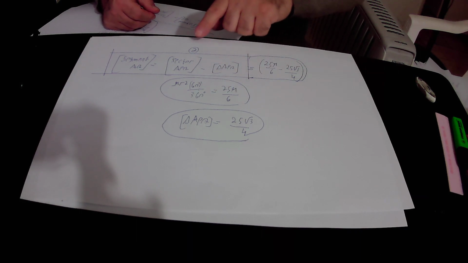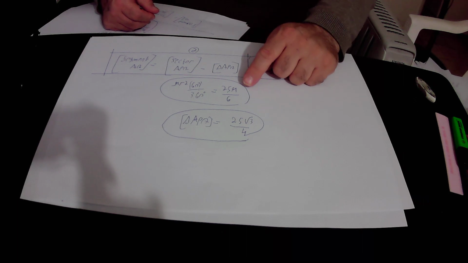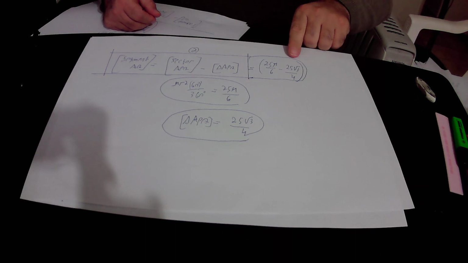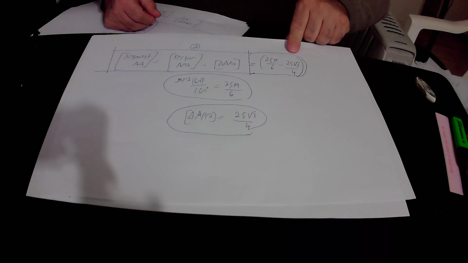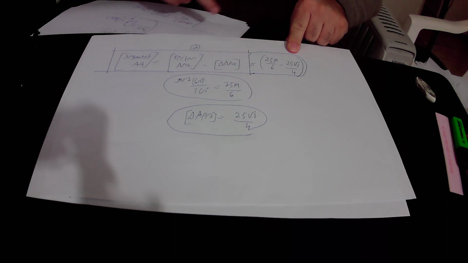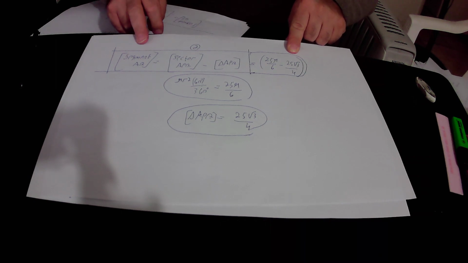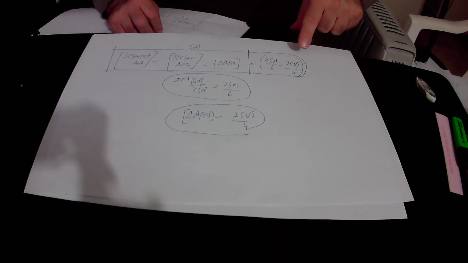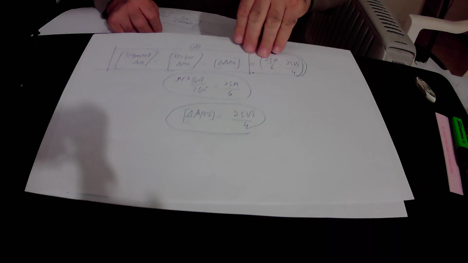So in conclusion, the area of sector APQ equals 25 pi over 6 square units. And the area of triangle APQ, we already found, equals 25 times square root of 3 over 4. So the area of segment AQ equals 25 pi over 6 minus 25 times square root of 3 over 4 square units.